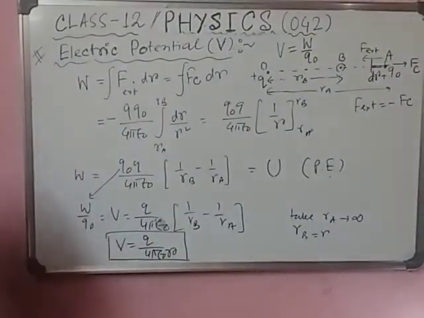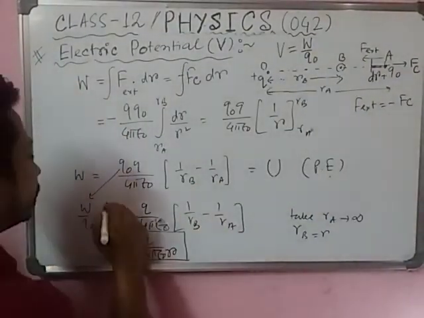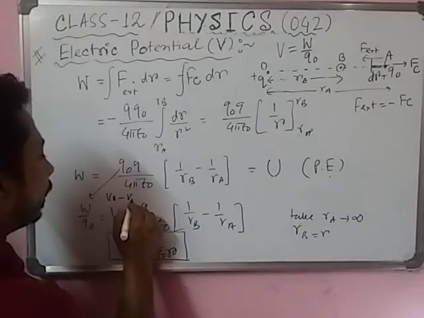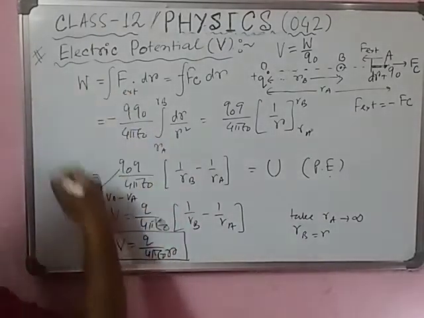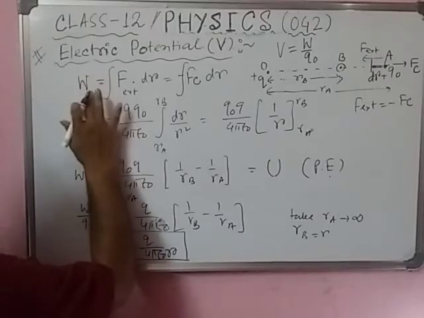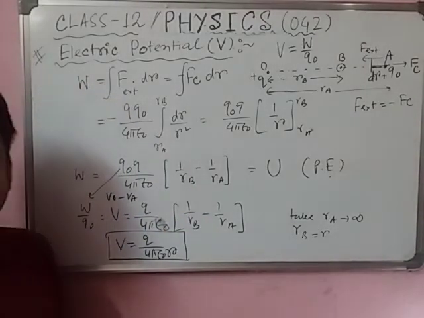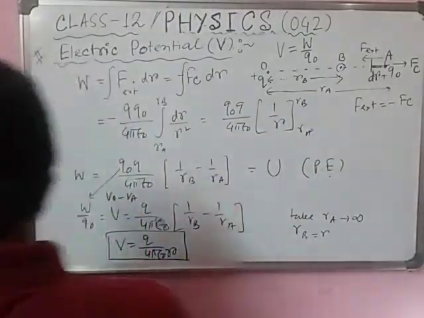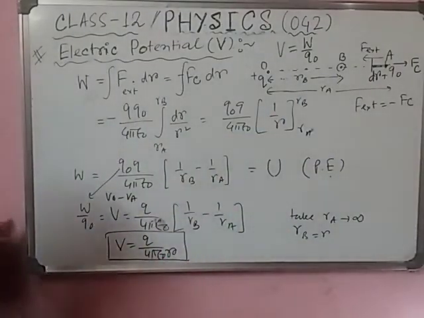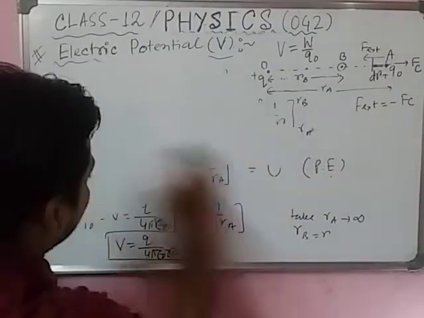In this case, V equal to this means VB minus VA. So this is your potential. Please pause the video and write the entire thing. Okay. Next, students.